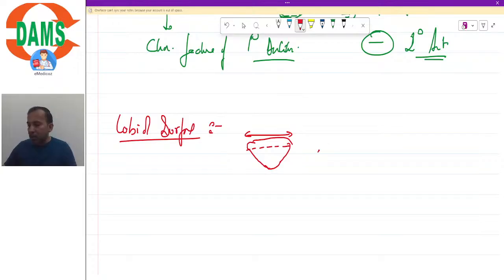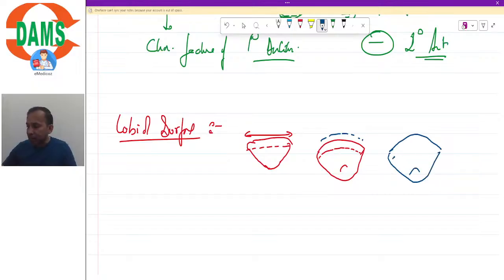Compare it to the lateral incisor. In case of lateral incisor, the labial surface is curved, and when you compare it to the canine, you would notice that the canine has the most prominent curvature.